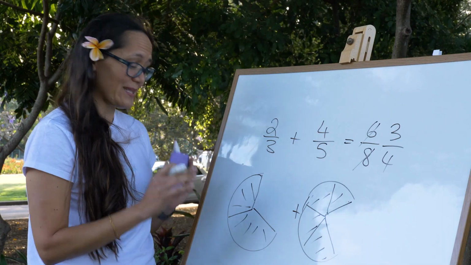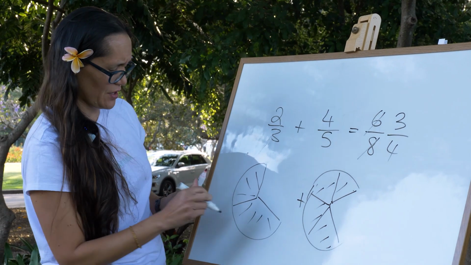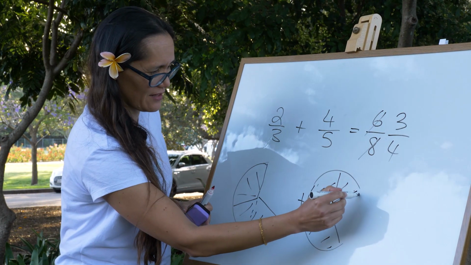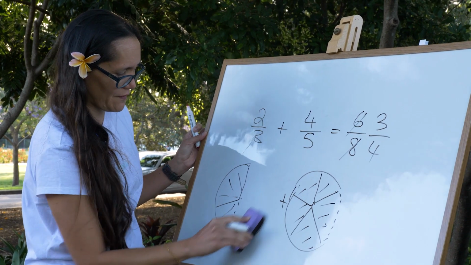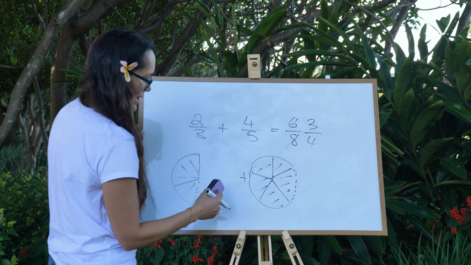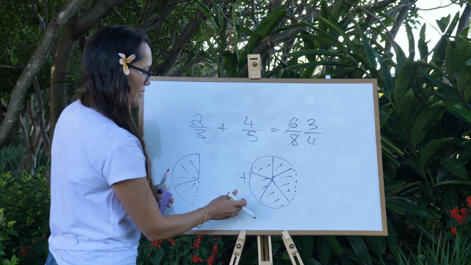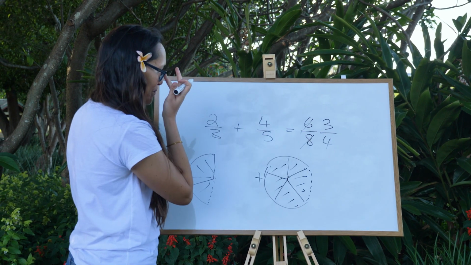If we visually inspect it, I could cut off a bit of the cake from this one and fill it in here. So I just move that bit of the cake around and I can see that's actually closer to 1.5 cakes. So what's going wrong here?